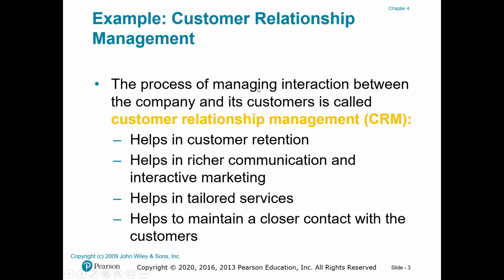So I'm going to start off with a little bit of an example. This is a little bit from my commercial experience: the idea of customer relationship management. The idea is that we have some sort of a database of our sales process. That could include your sales accounts, your contacts, your salespeople, financial information like current business, customer service information, how often we've contacted different companies, and information on marketing campaigns.